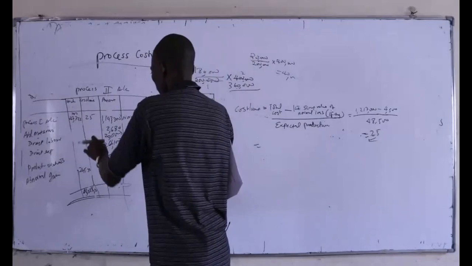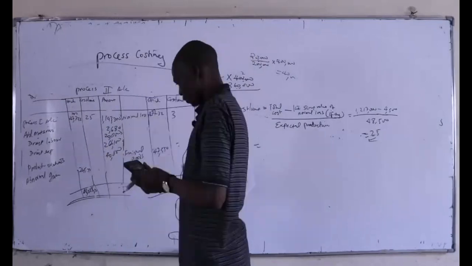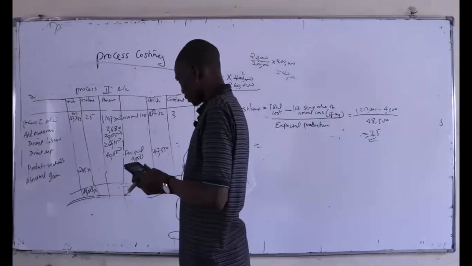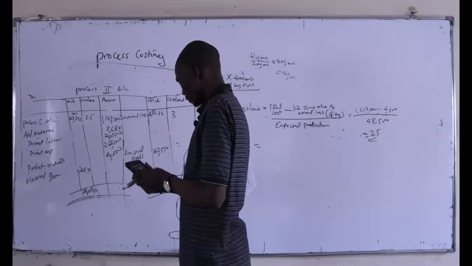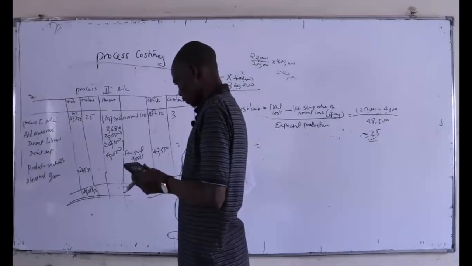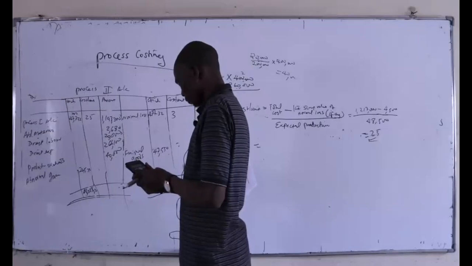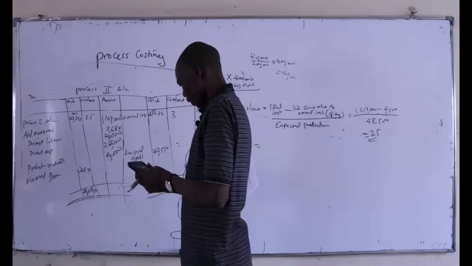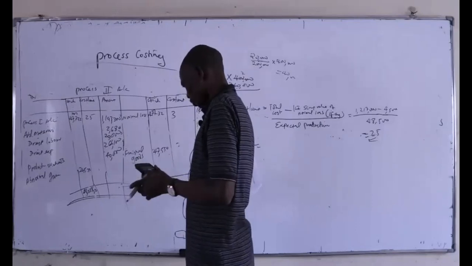So there we have 1193,300 plus 2680 plus 20,000 plus 266,100 plus 40,000. So the total cost.